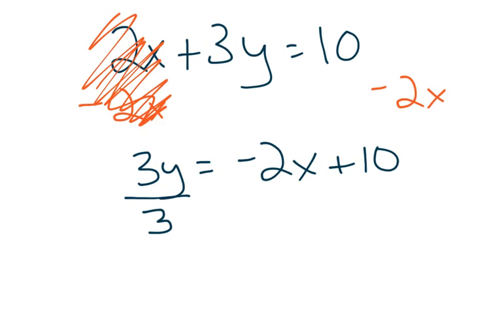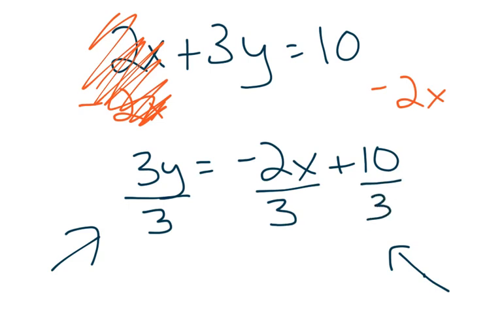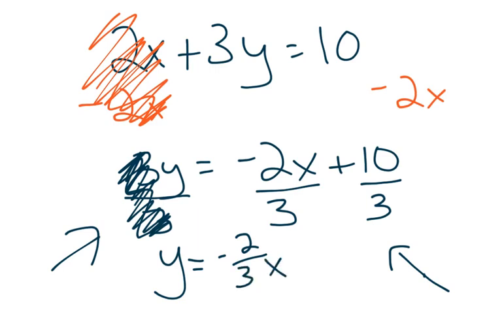So if I divide the left side by 3, I have to divide the right side by 3 as well. And everything over here gets divided by 3. Then these 3's go away, which is what we wanted. And my answer then becomes negative 2/3 x plus 10/3.